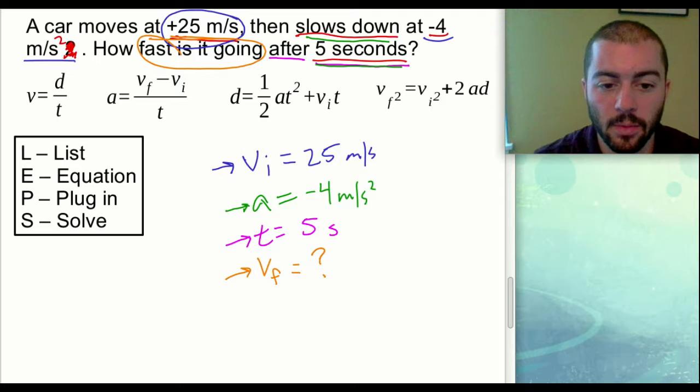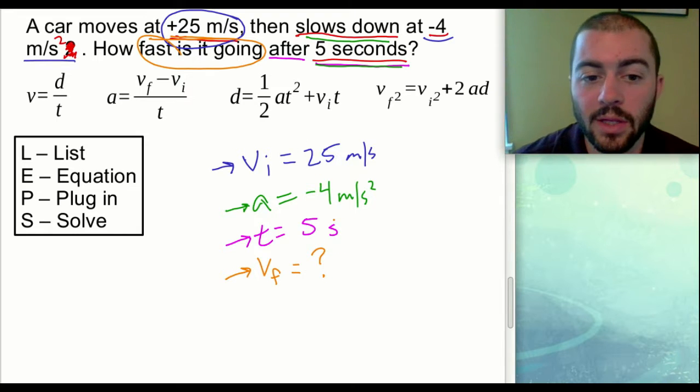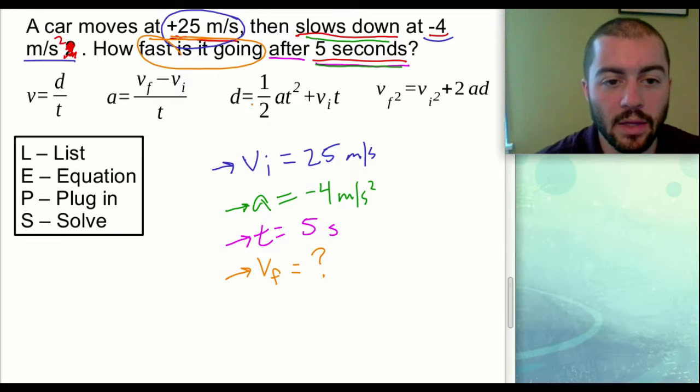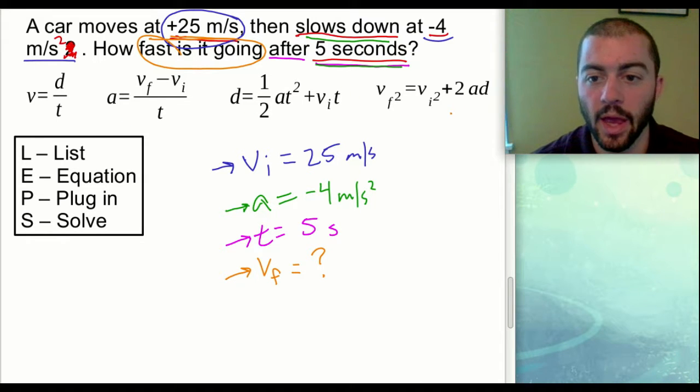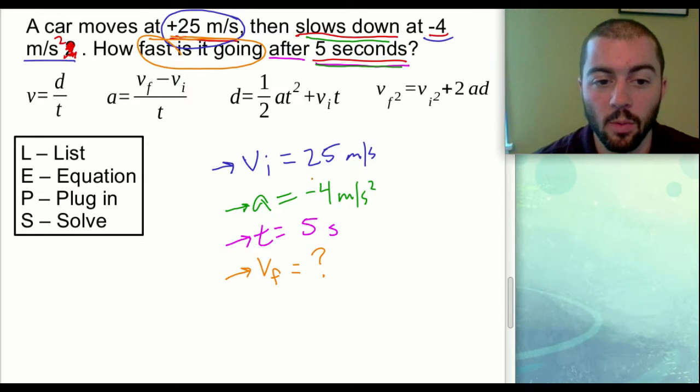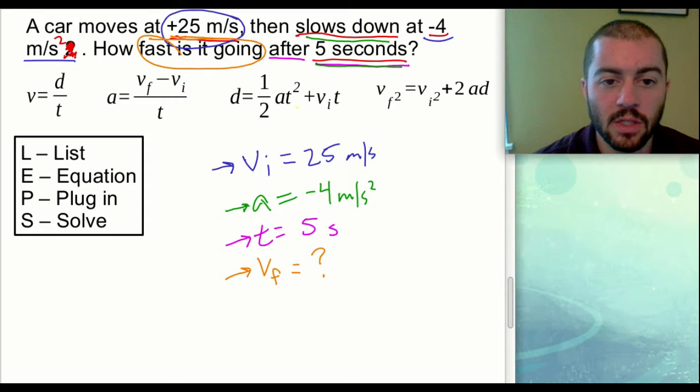All right, so we've come up with a list like this, and now what we want to look at is out of the motion formulas that we have, which of them would fit with the information that we were given and the information we're trying to find. So what we want to do here is look and see which of these equations fits.